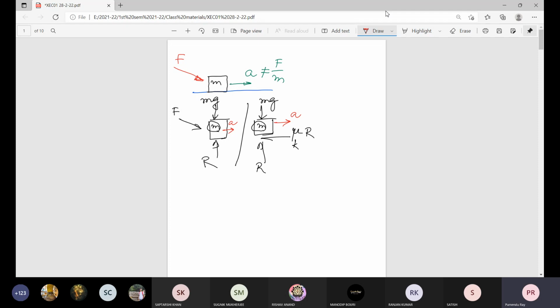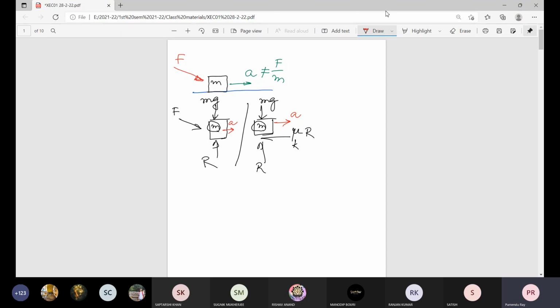So there may be so many other examples where masses are changing. Similarly, if we have some cracker-like thing or some explosive, there also, due to segregation of those masses, the original mass doesn't remain the same. So it breaks into different components, etc.